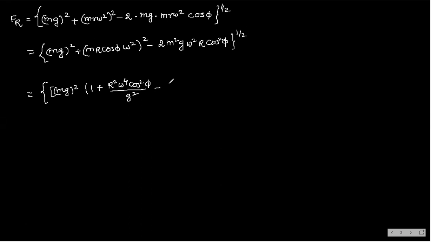So now see what is left here, minus 2 r omega square divided by g. Okay, because when we are multiplying with g square, automatically one g will be left here. Then cos square phi.